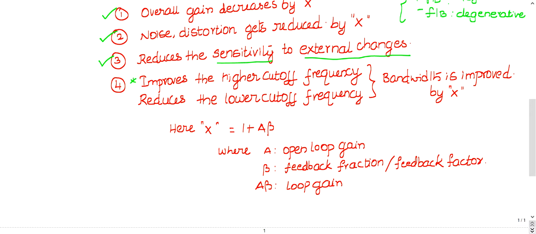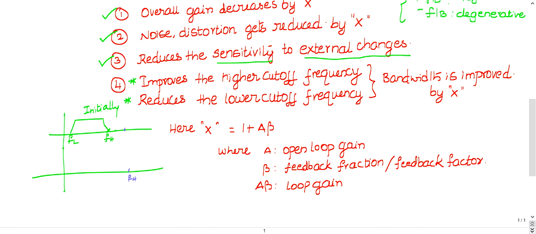It improves the higher cutoff frequency and reduces the lower cutoff frequency. Assume that initially this is the bandwidth, this is the lower cutoff frequency, this is the higher cutoff frequency, without feedback. Now after feedback, the higher cutoff frequency will change to some new value fh, it is increased.